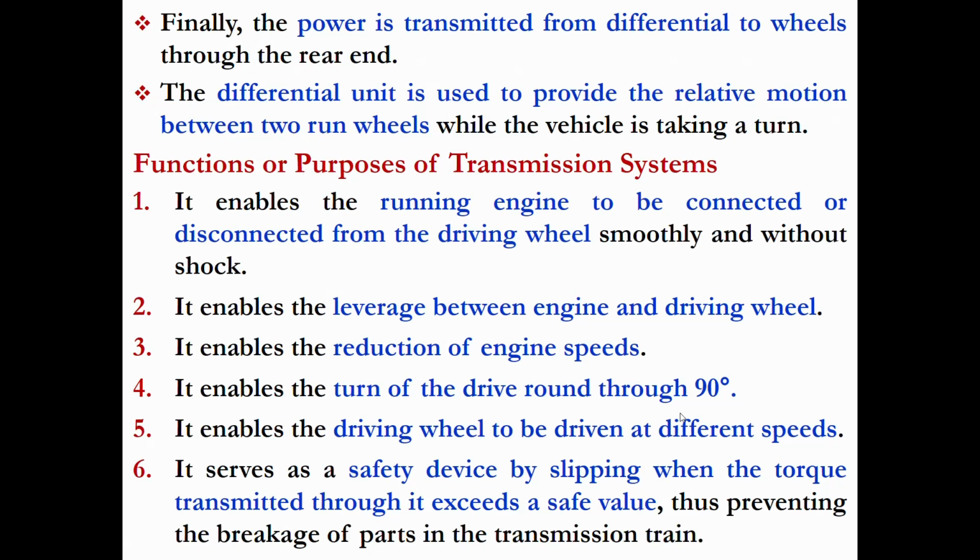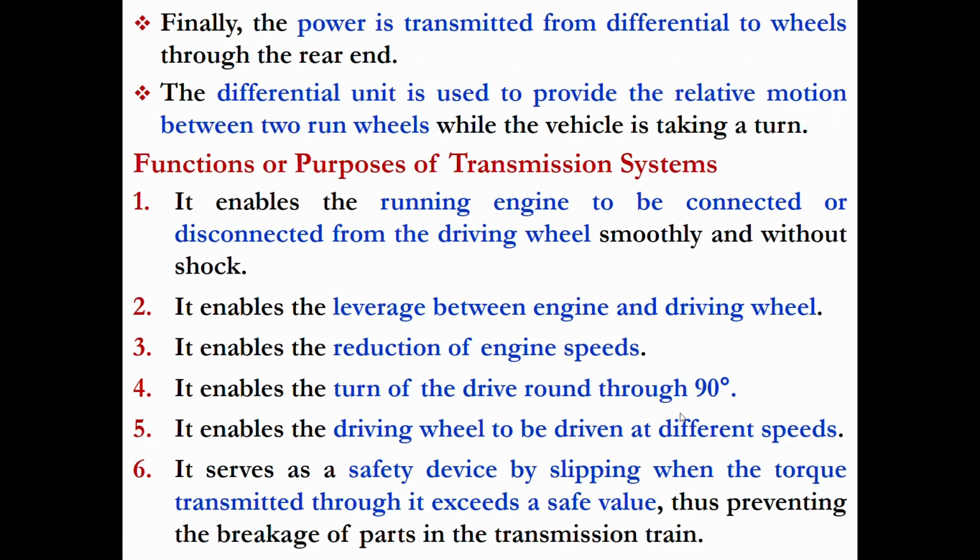The reduction of engine speed is also possible with the support of this transmission system. Then it enables turning the power transmission exactly 90 degrees from the propeller shaft to the rear axle. That is also taken care of by this transmission system. Then it allows the driving wheels to be driven at different speeds. We get the support of the gearbox in order to drive the vehicle at different speeds.